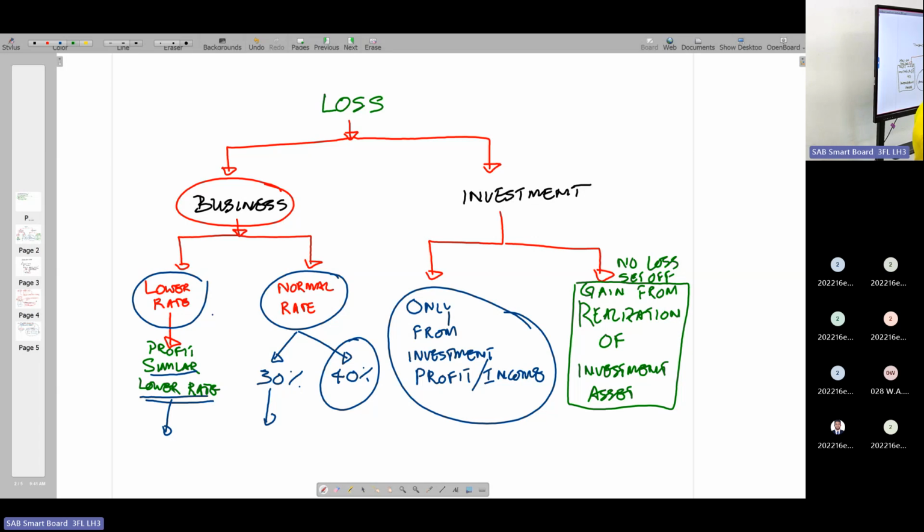Right, you know the intention of working out the taxable income is to work out the tax liability. So how do we work out the tax liability? Taxable income into rate. So that particular business income is liable for income tax at the reduced rate. So if there is any loss, that loss can be set off against profit from a similar rate.